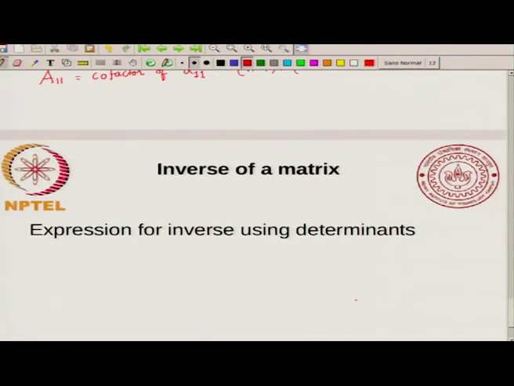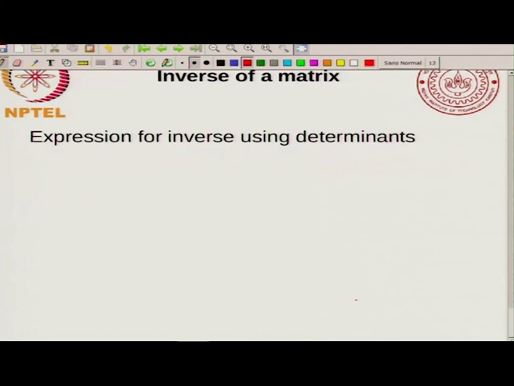If you had a matrix with rows A11, A12, up to A1n, then A21, A22, A2n, and so on down to An1, An2 up to Ann.